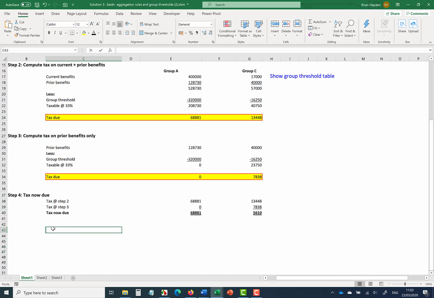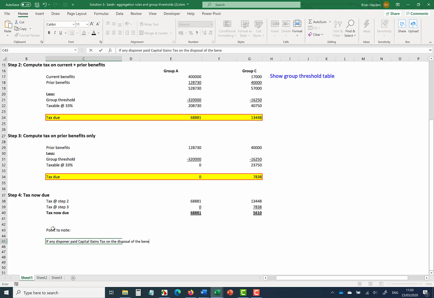A point worth noting: if any of the people giving the benefits to Sarah this time round paid CGT on the disposal of their benefit, Sarah's tax liability can be reduced.